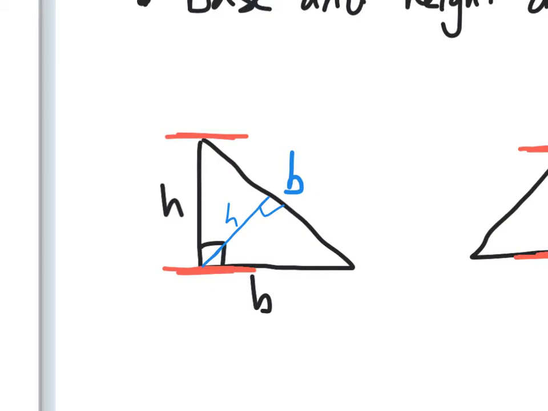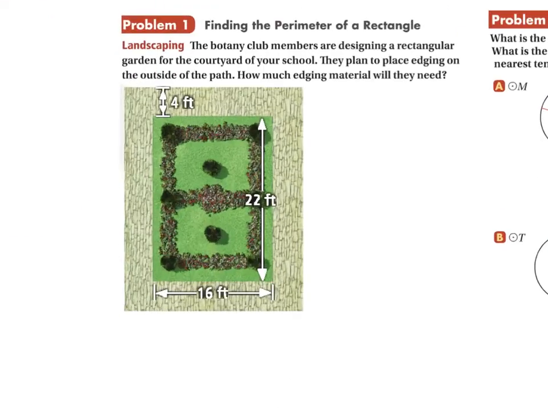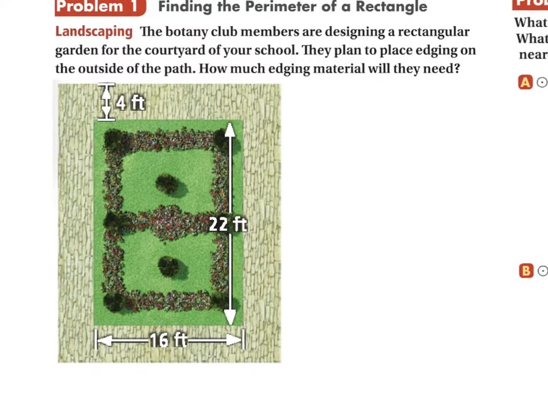Nope. Okay. Then let's go ahead and try this example here. So botany club members are designing a rectangular garden for a courtyard in your school. They plan to place edging on the outside of the path. How much edging material do they need? Well, first and foremost, if you're uncertain what you're looking at here, this is the path.